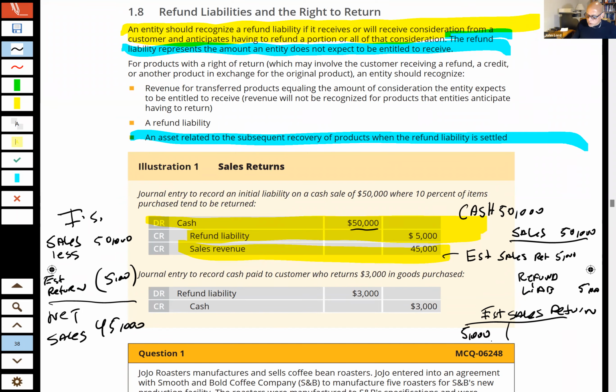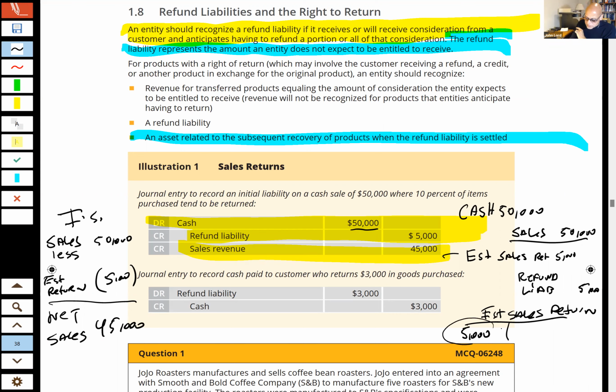And then what you would do is periodically, as you make sales, you'll look to see, well, these are my sales. What do I need in the estimated sales return? And you'd look to see what's in there, and you would adjust that account accordingly for what you think you need, because there's some sales that happen in year one, some sales happen in year two. And so you'd have to figure out, well, how much do I need based on the additional sales that I've made and the amount of sales that are potentially still outstanding.